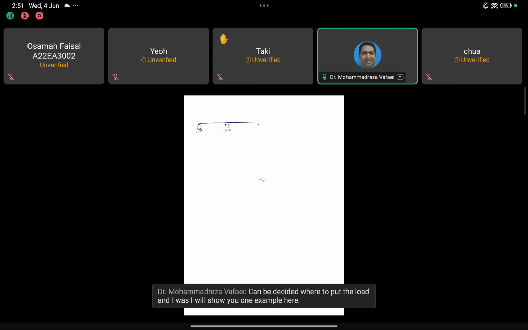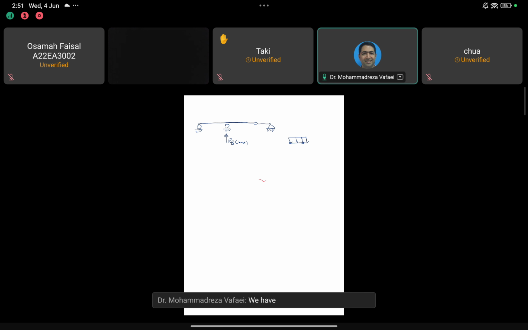Let's say we have a bridge similar to what you see here. And for this bridge, we are interested in calculating RB max under these loads. We have a moving load.